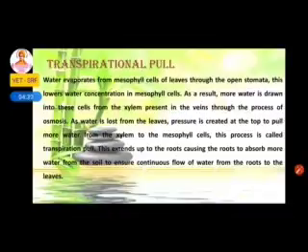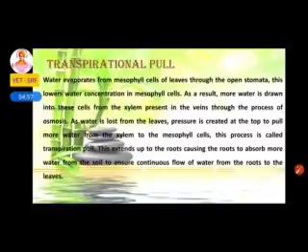Now the water from the xylem will move to that region. As the water is lost from the leaf, pressure is created on the top, and it needs more water from the xylem. That pressure will create a pull, which is called transpirational pull.